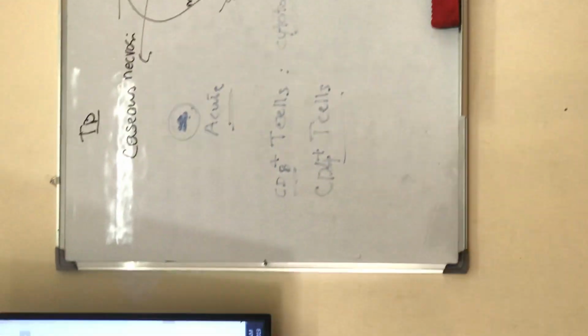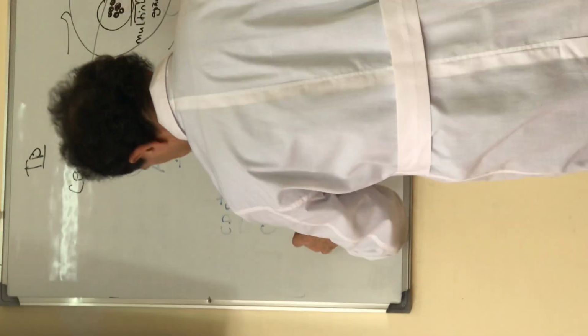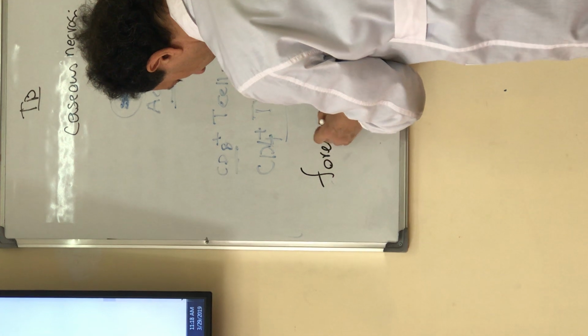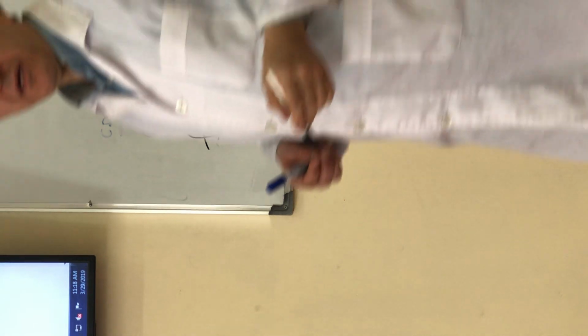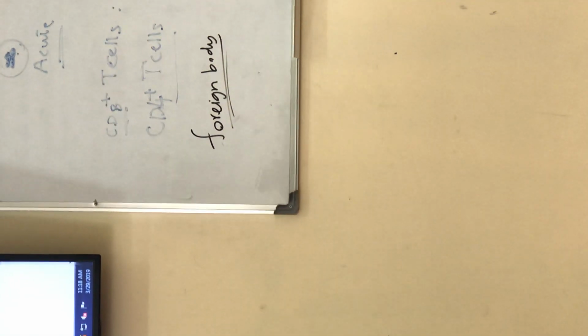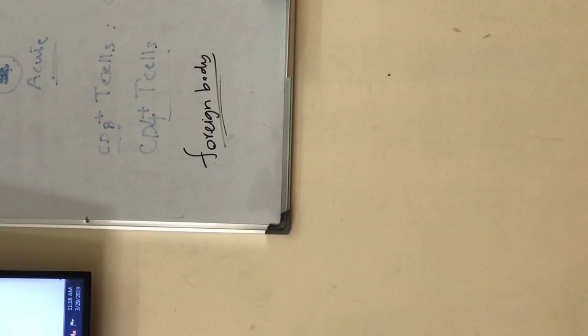So tuberculosis is a type of granulomatous inflammation with necrosis, and the type of necrosis is caseous necrosis. Another cause for granuloma formation is foreign body. A piece of glass, anything the body reacts to, this foreign body, and makes granulomas. So foreign body granulomas, or granulomas due to infections, tuberculosis.